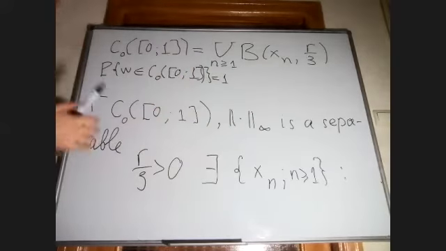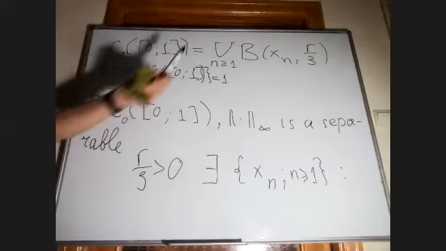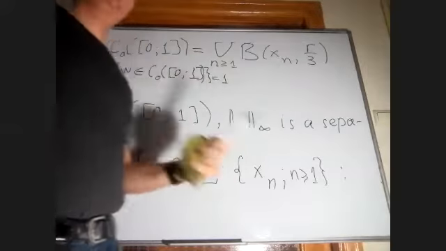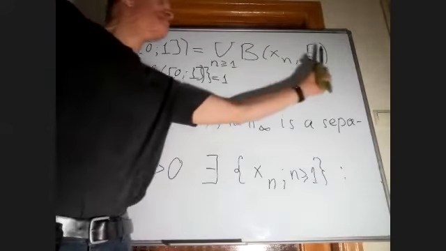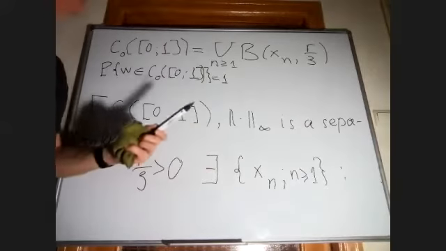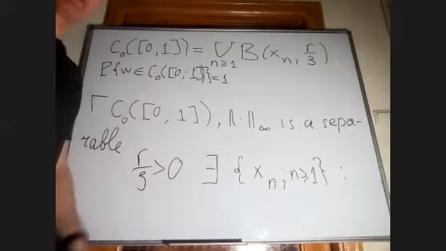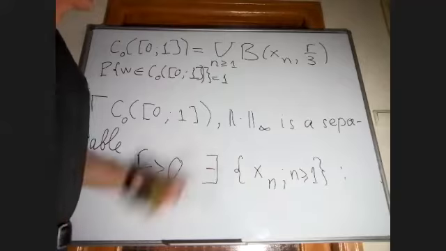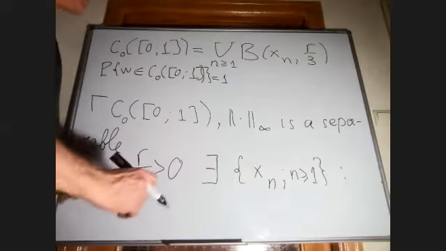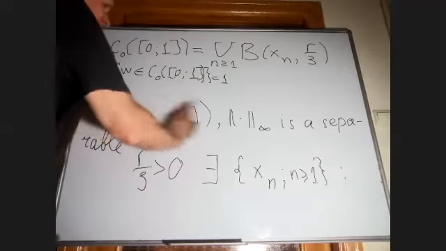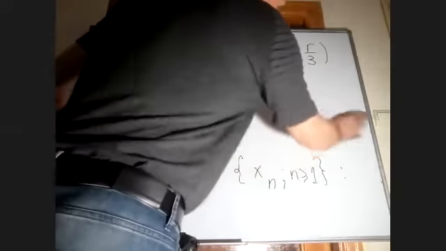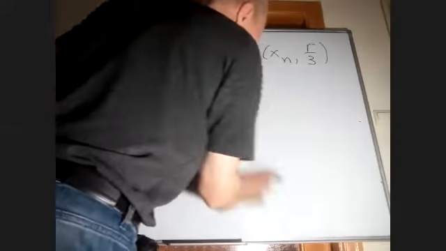It follows from there that at least one ball must have positive probability. Because in the opposite case, if every such ball has 0 probability, then the union also will be of 0 probability, because this is a countable union.